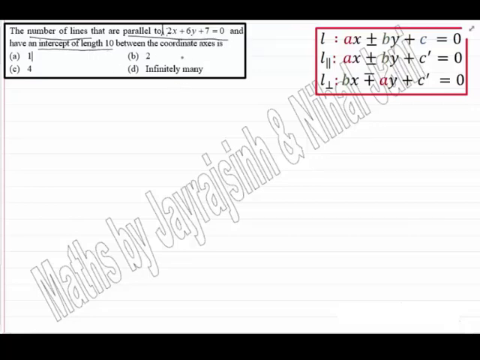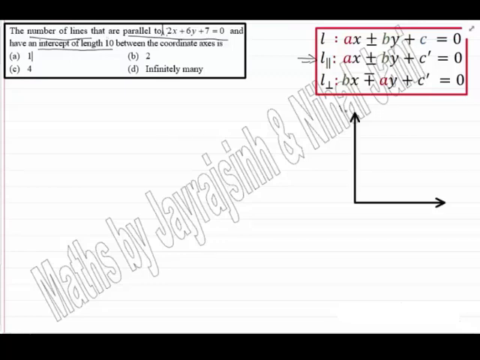Okay, so first of all, we have to find the parallel line to this line L, right? So we are going to use the general equation of L. But what about the second condition? Intercept of the length is 10.